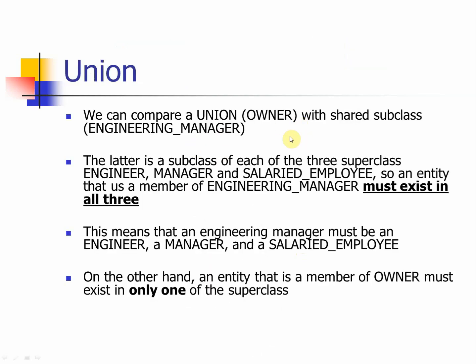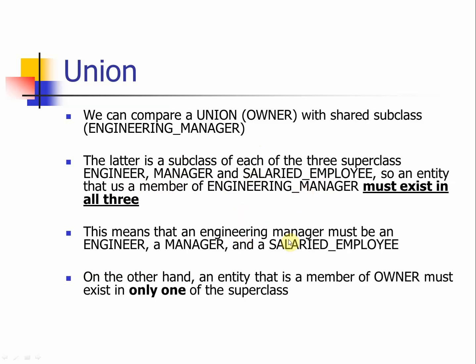So we can compare the union with shared subclasses. What is a union and what is a shared subclass? A shared subclass is a subclass that takes multiple inheritance from engineer, manager, and salaried employee, as an example that we see.